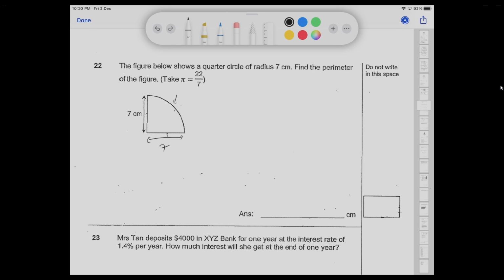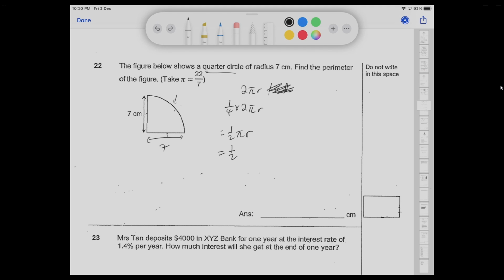As you have probably learned, the formula for finding the circumference of a circle is 2 pi r or pi d. In this case, it's 2 pi r, of course. So in a quarter circle, it's just a quarter times 2 pi r, which is half pi r.